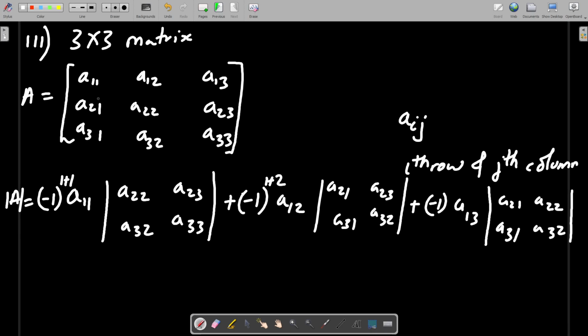Okay, these 4 elements over here will become a part of this determinant. This 4 elements, this 1, 2, 3, 4. How did I get them? Delete this row, delete this column. Delete this row and delete this column. What remains are only these 4 elements.